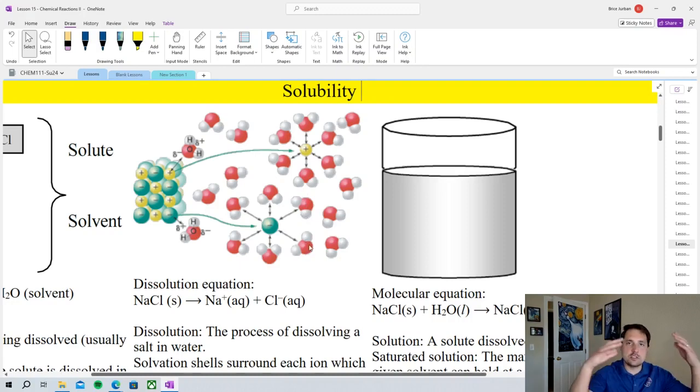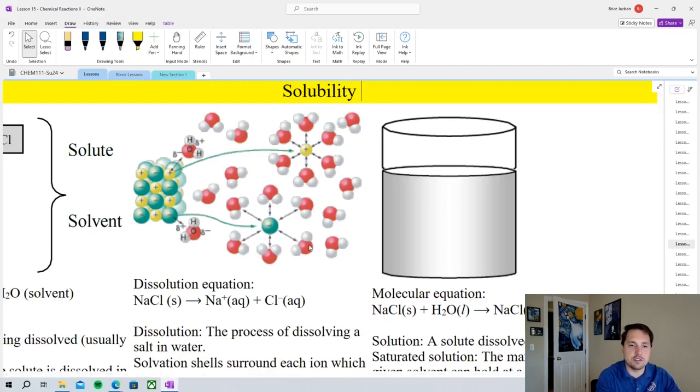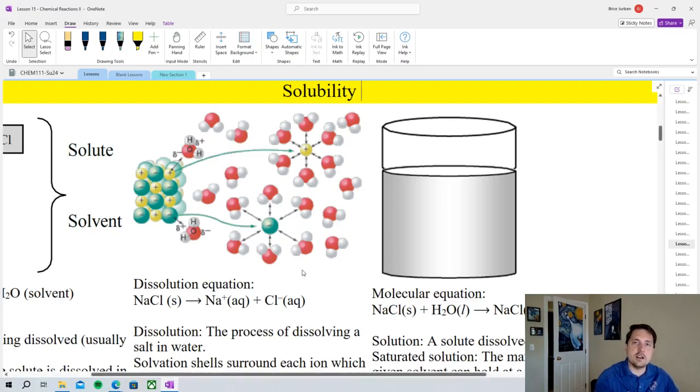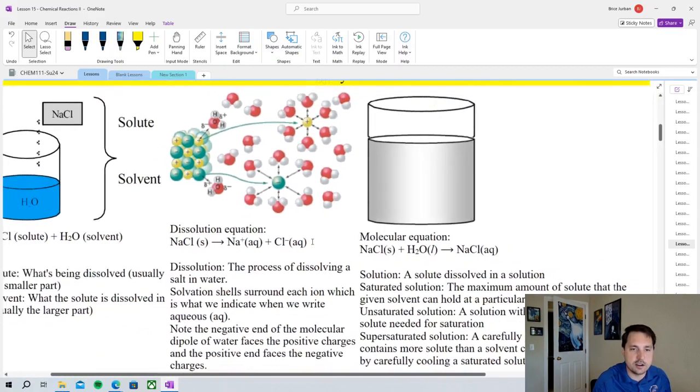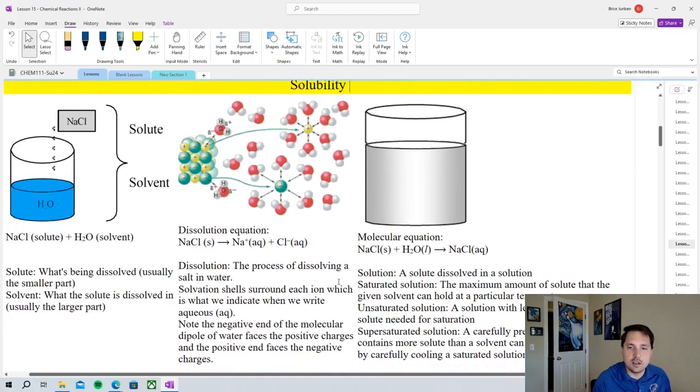The first sphere of water molecules is the first sphere of hydration. There can also be a secondary sphere as well. Whenever these ions move in solution, they're moving with their water molecules. It's improper to just think about these ions moving through solution. They're actually moving with the water molecules. That's a really interesting thing that we need to consider.